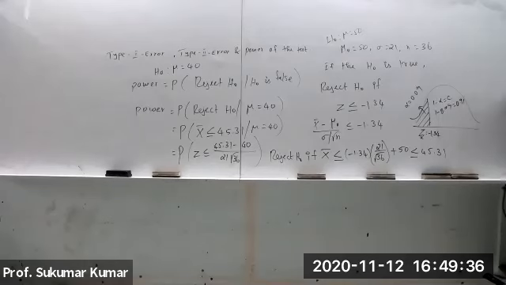Zero point 9345. 1 minus beta, 0.934. Correct.